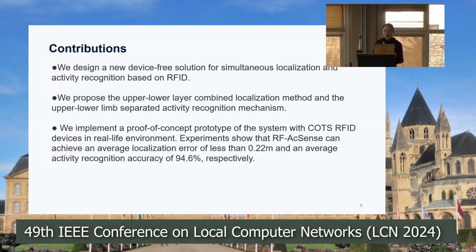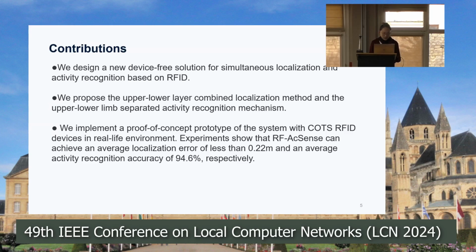The contributions of our work are listed as follows. First, we design a new device-free solution for simultaneous localization and activity recognition based on RFID. Second, we propose the upper-lower layer combined localization method and the upper-lower link separate activity recognition mechanism.